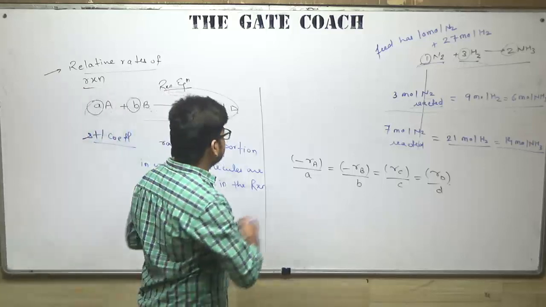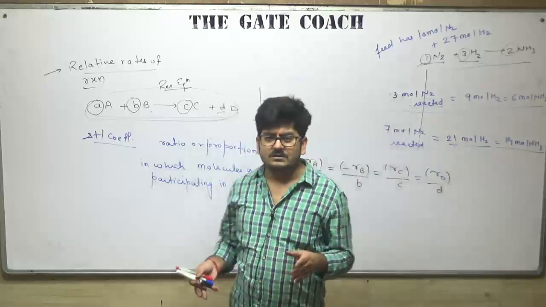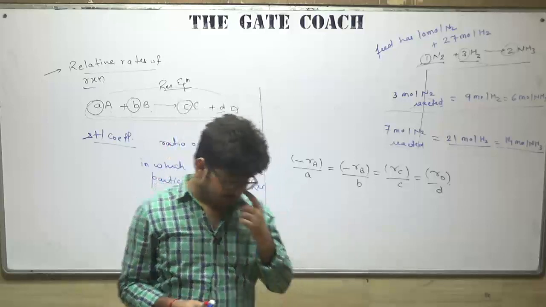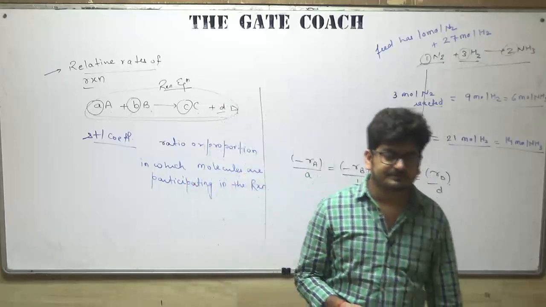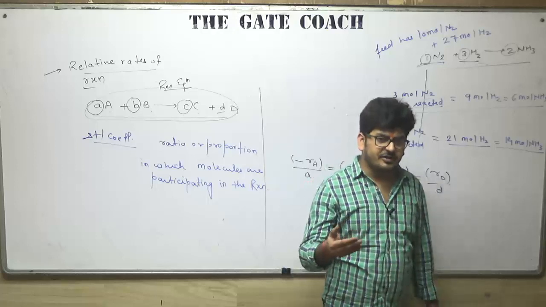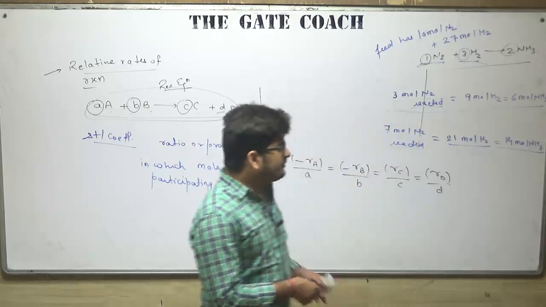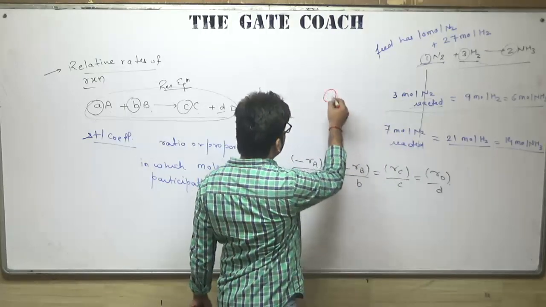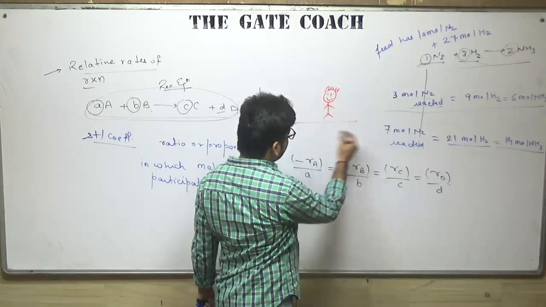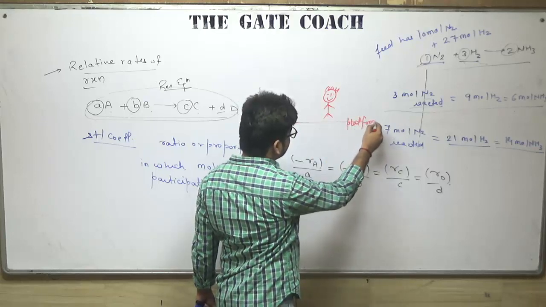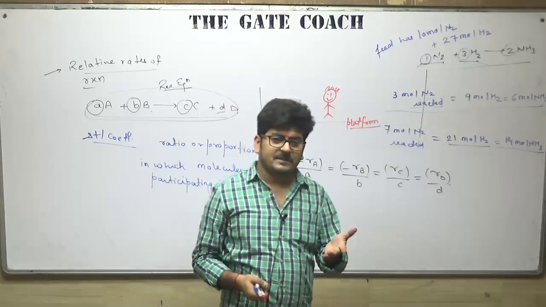Now just try to understand. Suppose all of us are sitting in a train. The train is moving with a speed of 100 miles per hour. So for any stationary observer who is standing on some platform, what will be the speed of the train? 100 miles per hour.